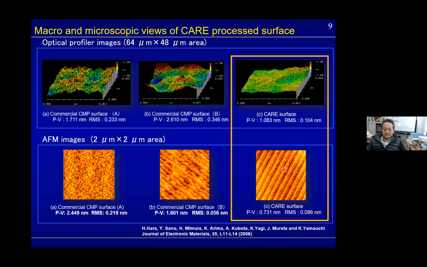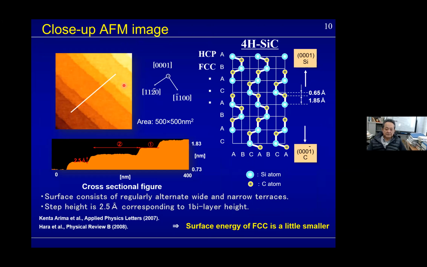And we found a very interesting surface structure on the CARE processed surface. As you can see here, the surface consists of regularly alternating wide and narrow terraces. It's a very strange structure. 4H silicon carbide has this kind of crystallographical structure.